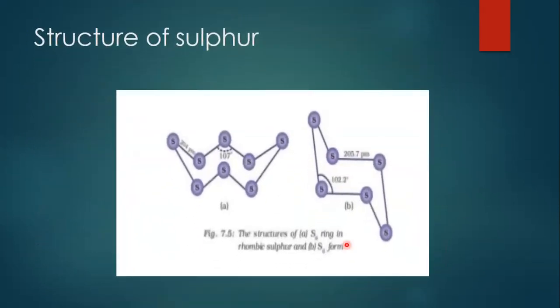Structure of sulfur. See, sulfur exists in two major forms, S8 and S6. In S8 form, it remains in a crown structure, and in S6 structure, it forms a cyclic chair-like structure.